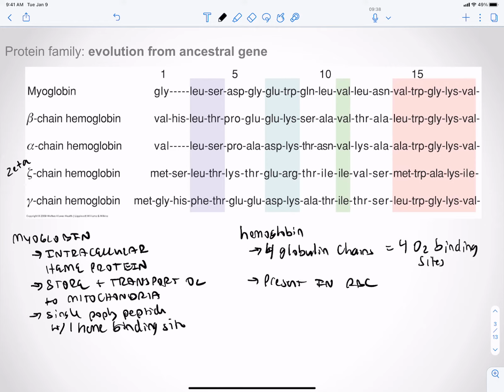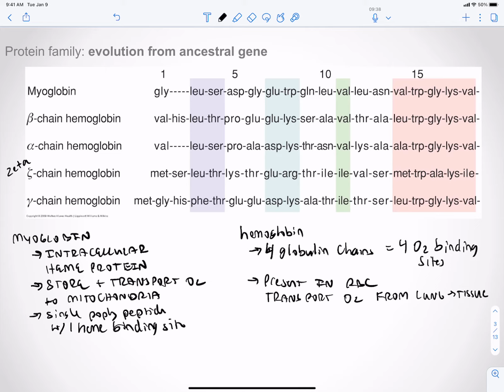And it's going to transport oxygen from lungs to tissue. And back and forth, of course. Oxygen goes to the tissues, carbon dioxide out, etc.